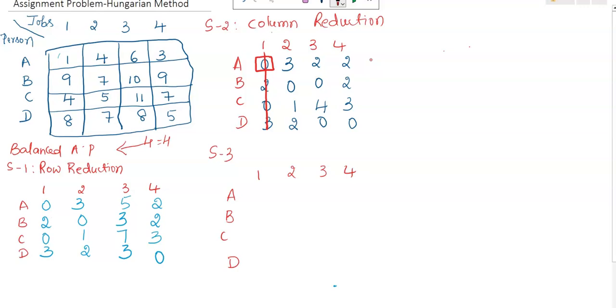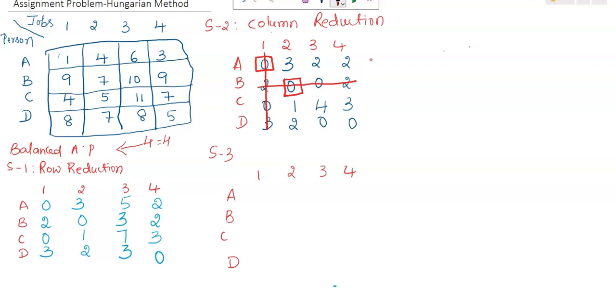Next, we have to undergo column scanning. The first column is already completed. In the second column, we have only one 0. If we have exactly one 0, you mark it; otherwise, go to the next column. So in the second column we have one 0, so you have to box it and strike out horizontally.